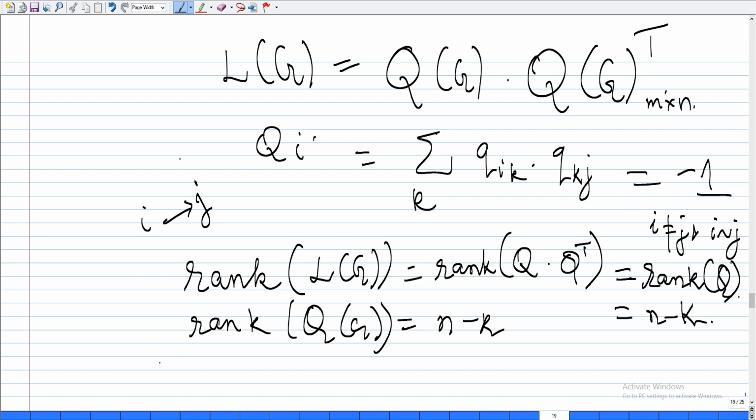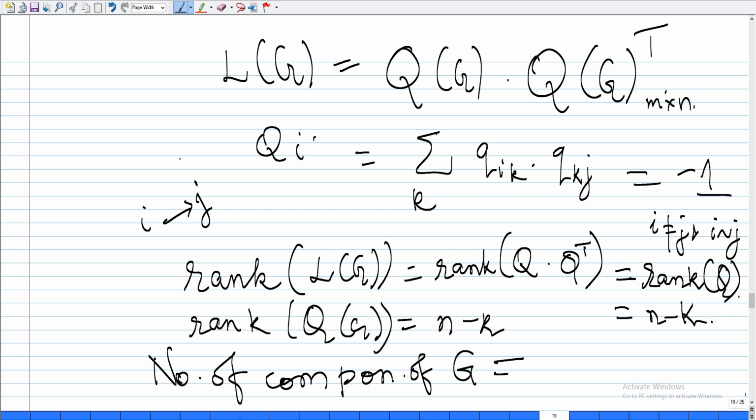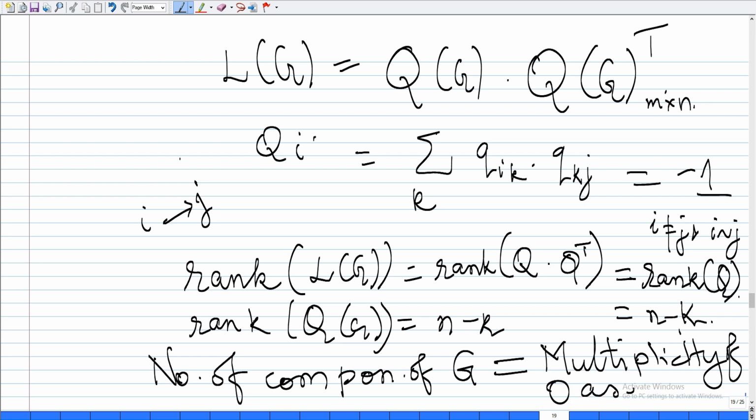This is our conclusion: the number of components of G is equal to the multiplicity of 0 as an eigenvalue. Without doing any work, just compute the eigenvalues, and you will immediately know whether your graph is connected or not.